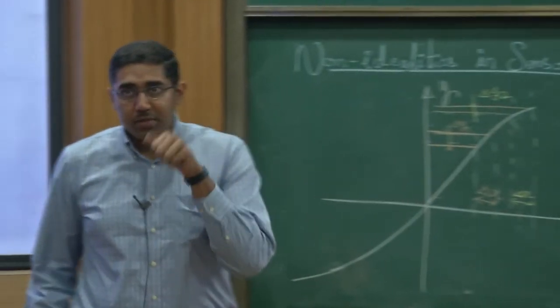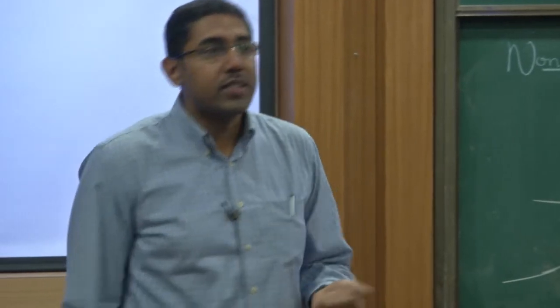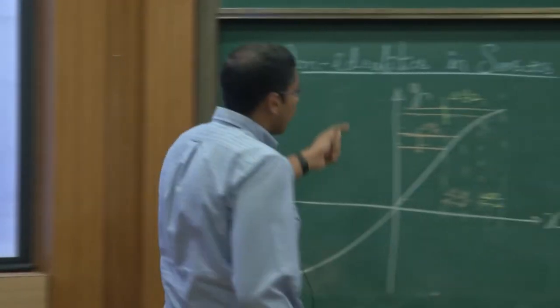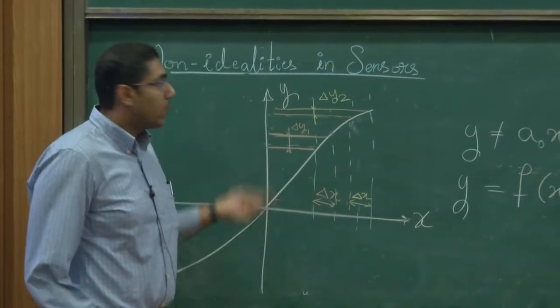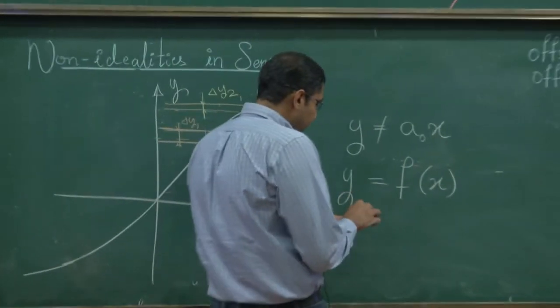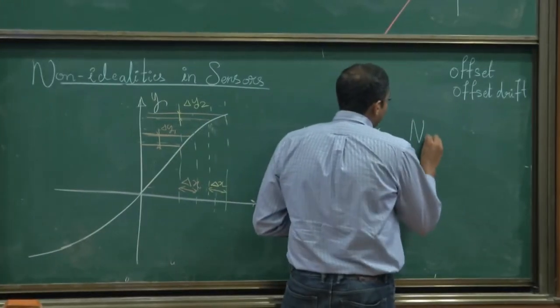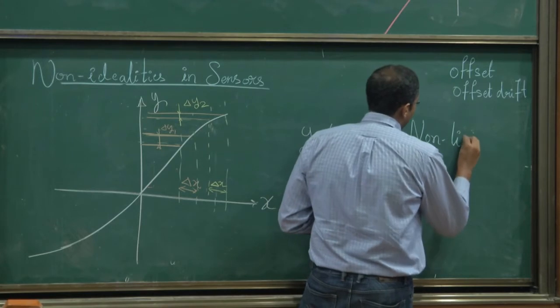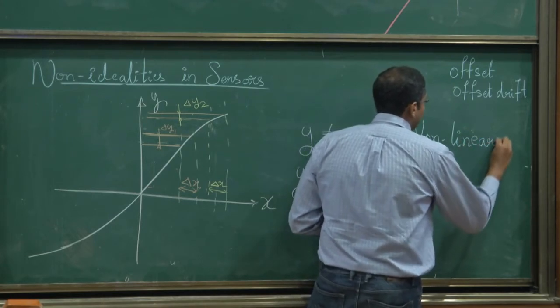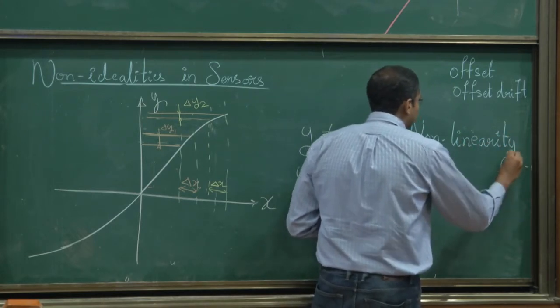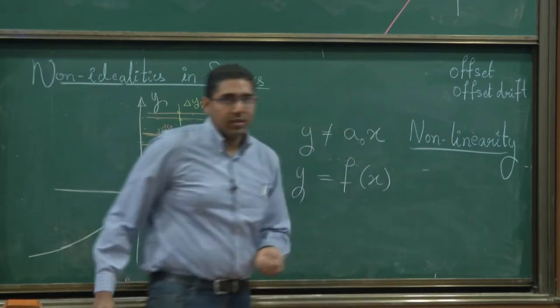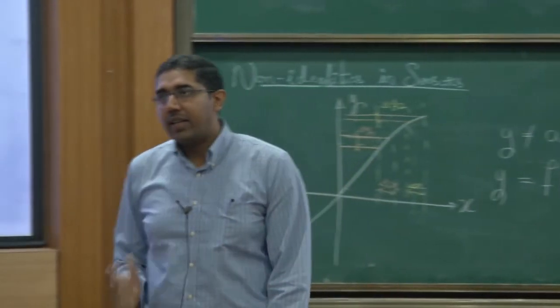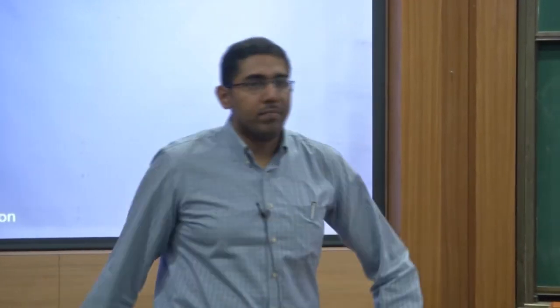For the same change in input, you are seeing different changes in output. Why is this? This is the term which is called non-linearity. Okay, sensor is no more linear. Even then, what is the problem?